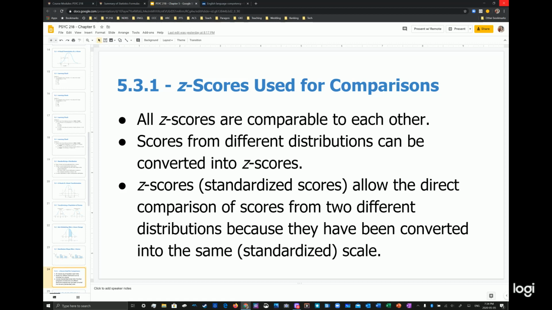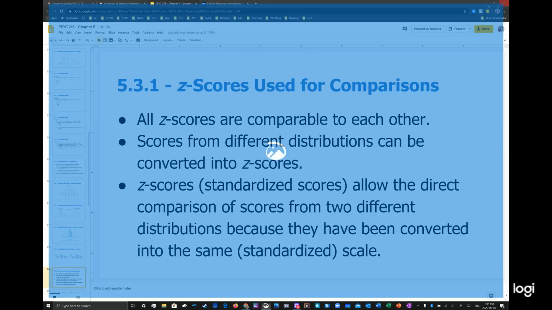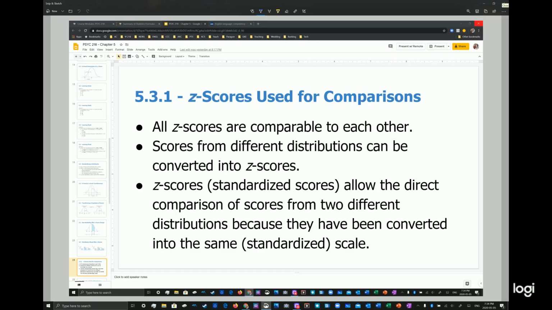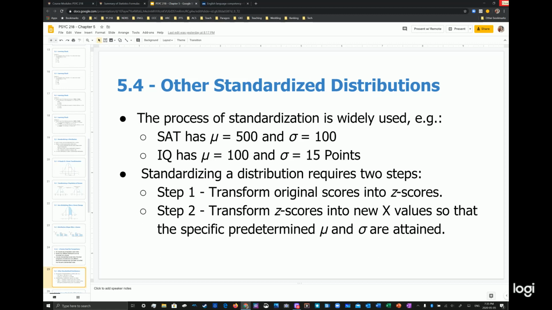But then we'll have to approximate these things. For now, we're working with z-scores when we know the population mean, mu, and the population standard deviation. That way we can compare two population distributions with each other.